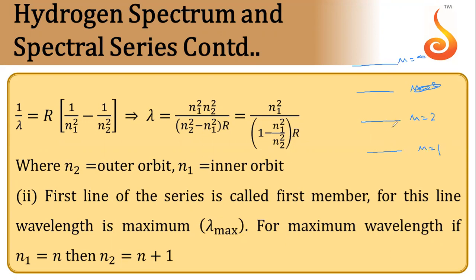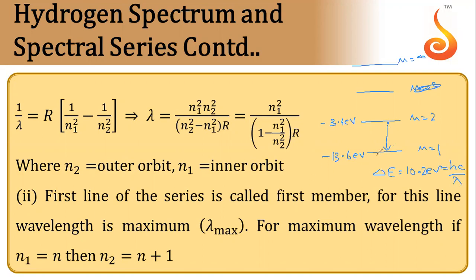When the electron moves from 2 to 1, here energy is minus 13.6 electron volt, and here energy is this one. So the difference will be 10.2 electron volt, and correspondingly you can calculate the wavelength.